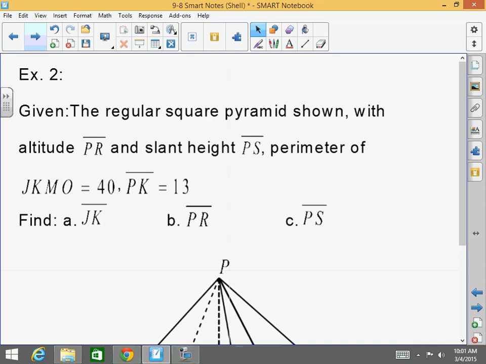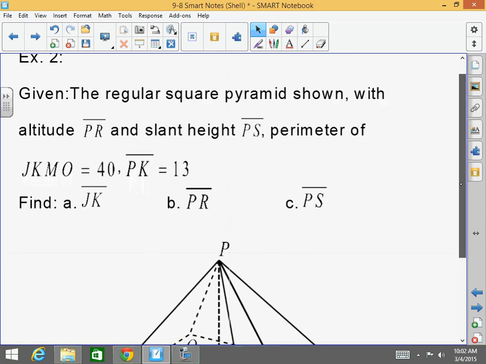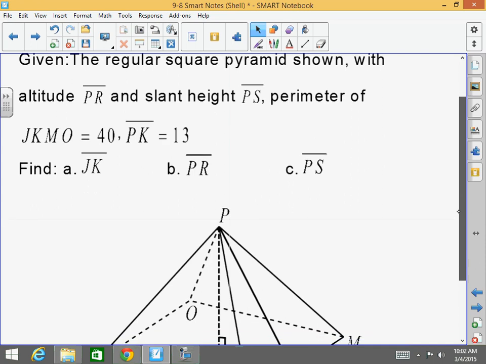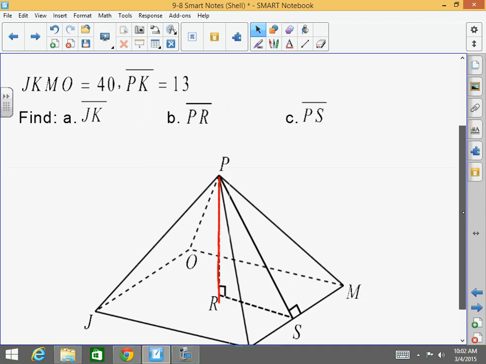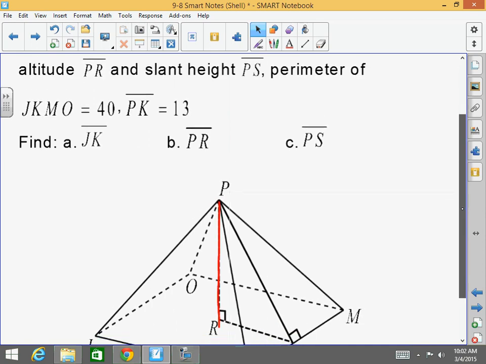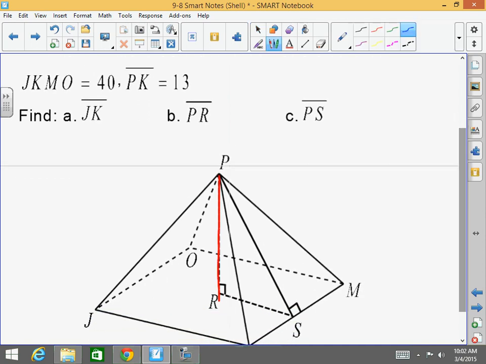Okay, for example, here, I went ahead and labeled everything you needed. Given the regular square pyramid shown with altitude PR, so PR we're going to do in red, that's my altitude. PS is the slant height. We're going to do that in blue.